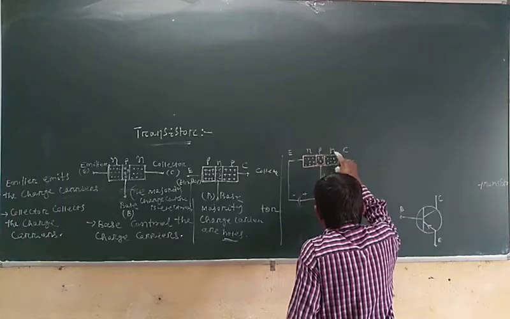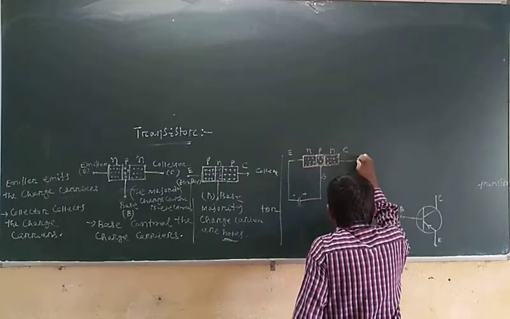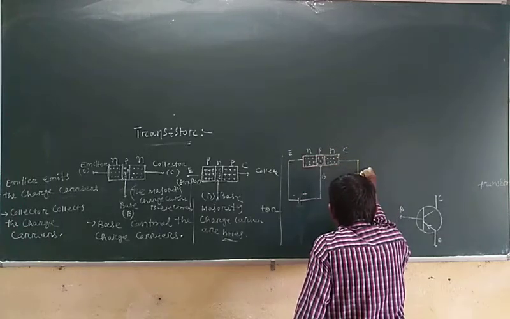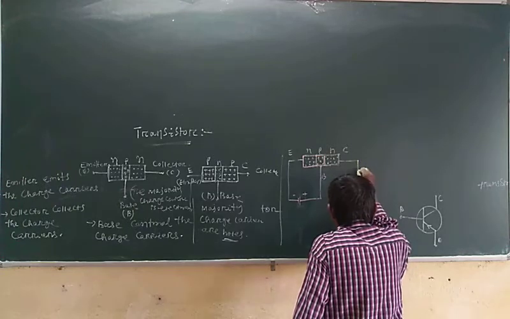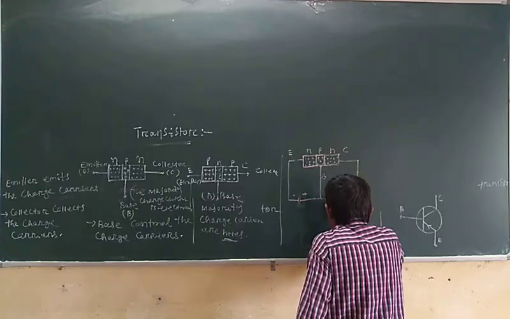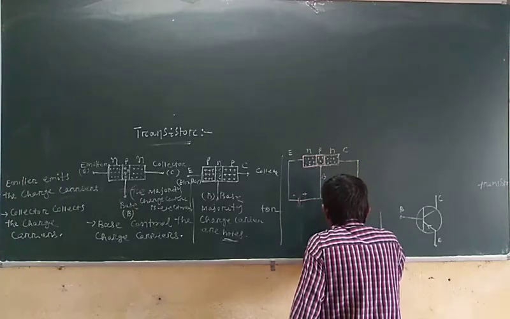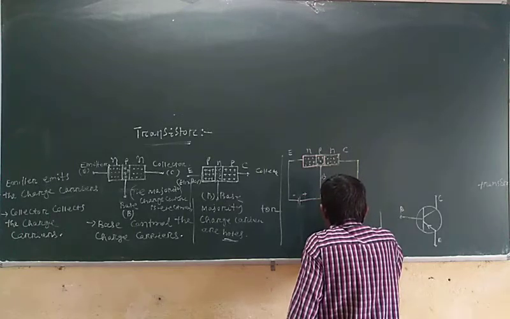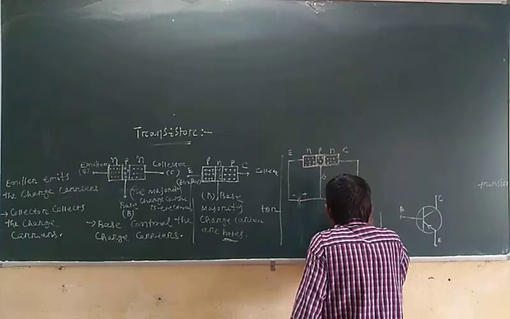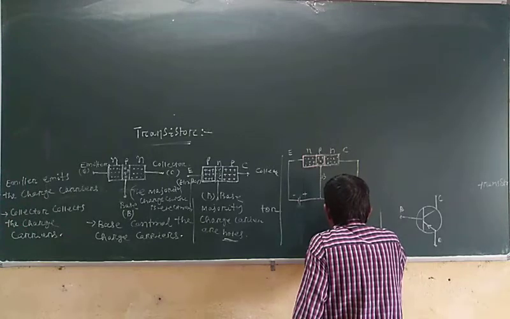Reverse bias means the N side connects to the positive and the P side to the negative.